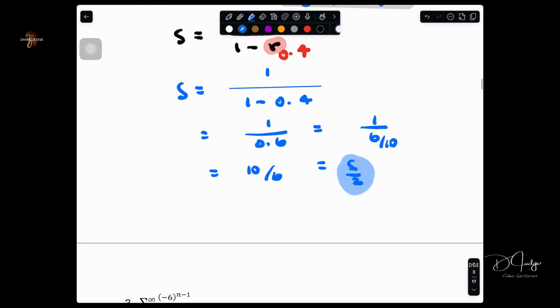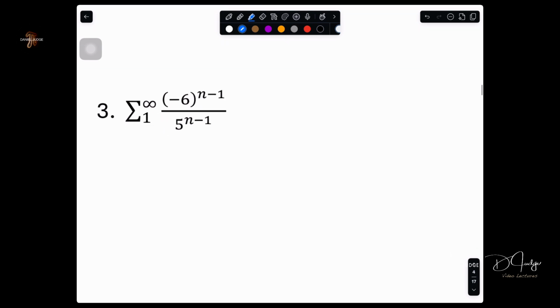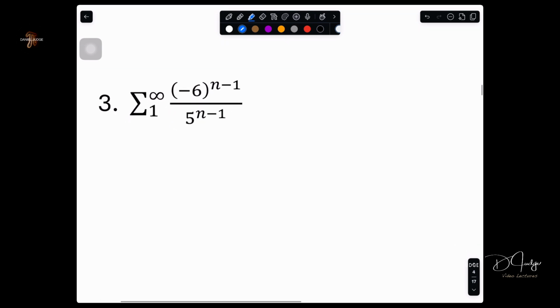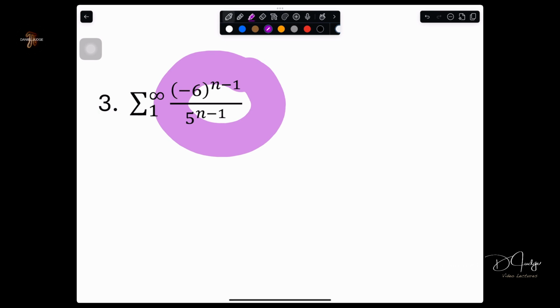Extra examples. All right, now let's take a close look at this. Let's do a little algebra here on this. This next one, number 3, if we do some algebra, that looks like it's -6 over 5 to the n minus 1 power here.